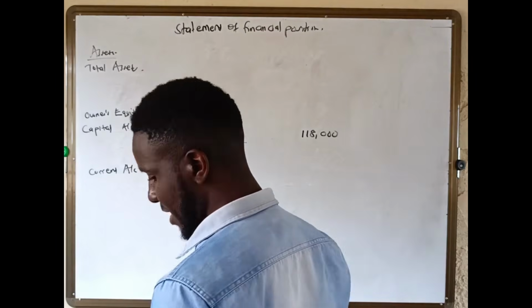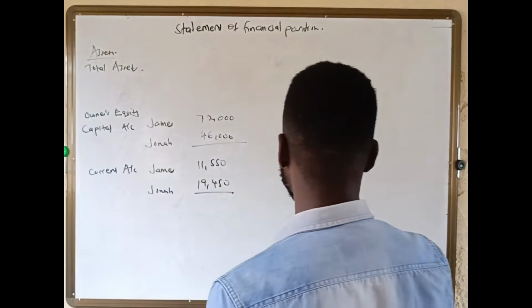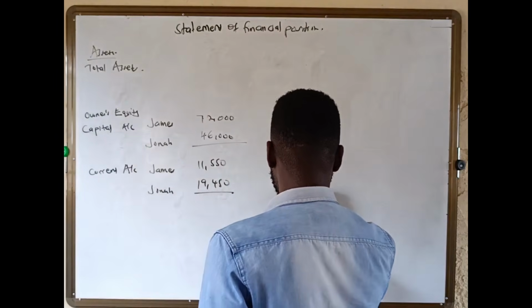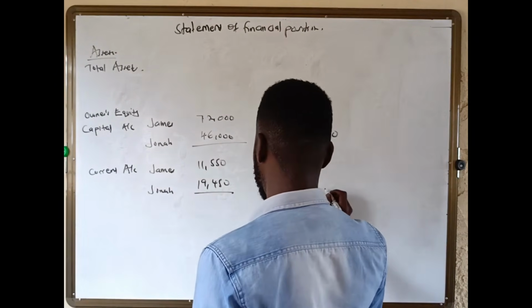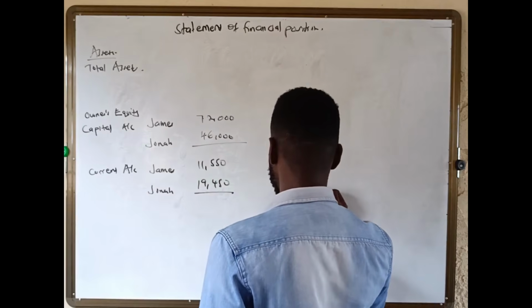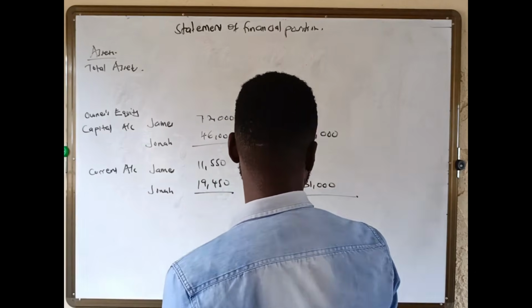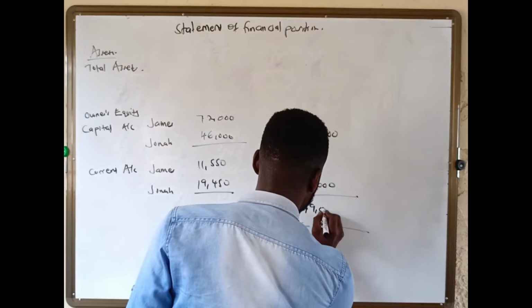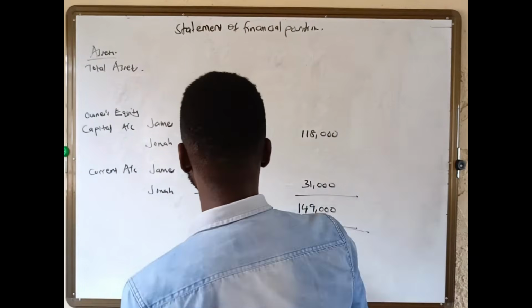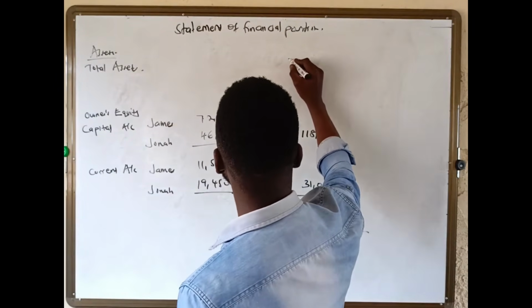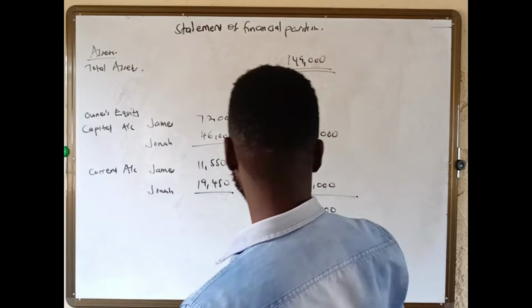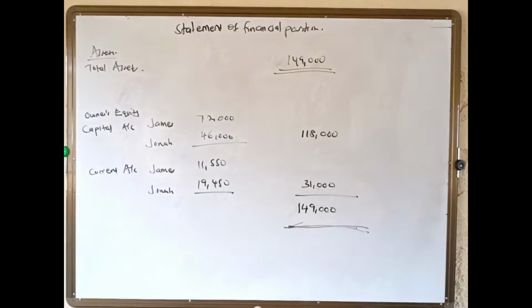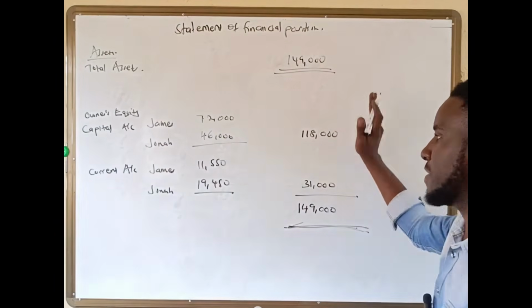So when we add up these together, actually we shall have 31,000. So 149,000. So that means even our total assets here will be 149,000, since we don't have our total assets. So this is how it would have been if we were to make a statement of financial position.